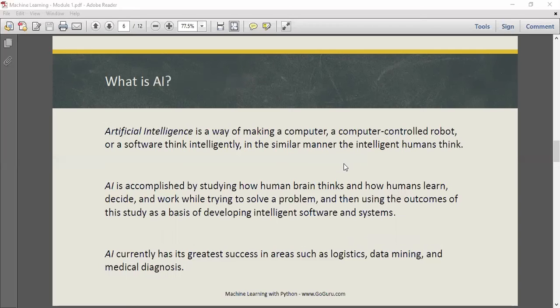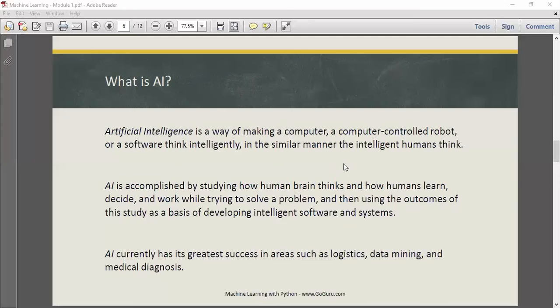Then we move on to AI. AI is a very interesting field. It's been there for several decades now, but it has recently gained popularity. What AI does is make a computer or a robot or any piece of software that you write think like an intelligent human being.